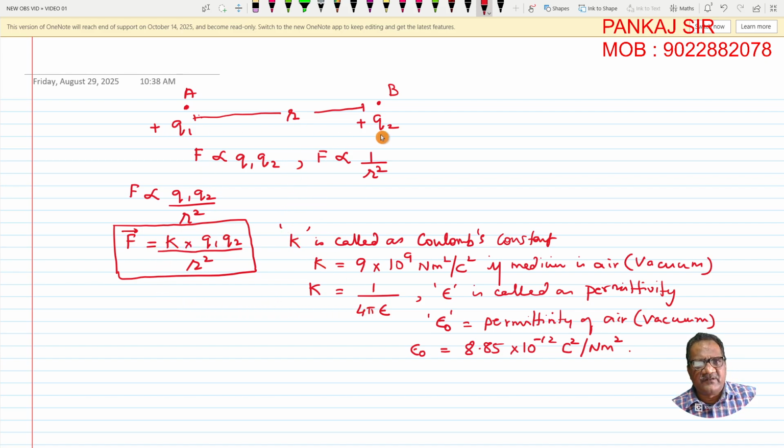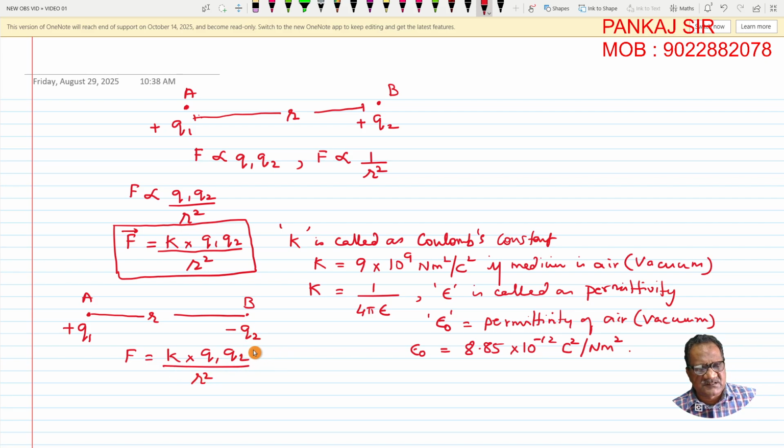But here we have seen that the two charges are like charges. Now, if one of the charges is an opposite charge, suppose Q1 is positive and Q2 negative, all the remaining things remain the same. The force will be K times Q1 Q2 over R square.